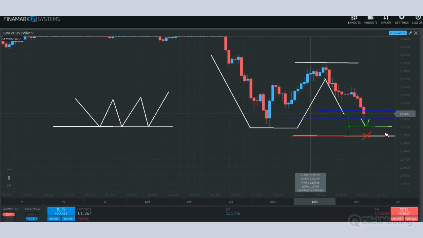But it gets more exciting. What happens if we take that blue line and we move it all the way up to the 1.154? Jump it up again. Now, say we're looking for the market to come down, and we want the market to rise all the way up to the 1.154 up here, and we're going to use that as our exit location.